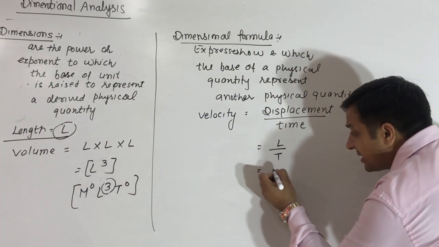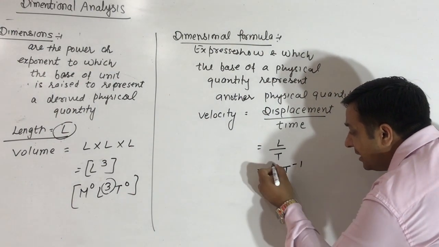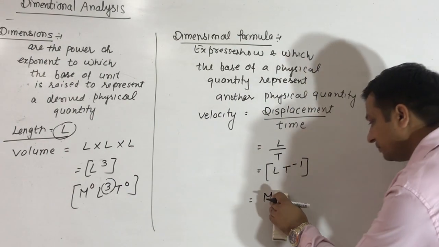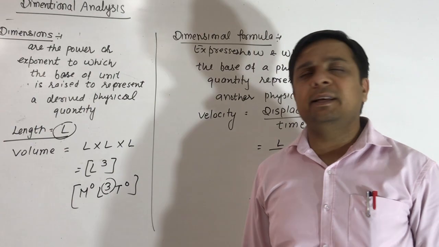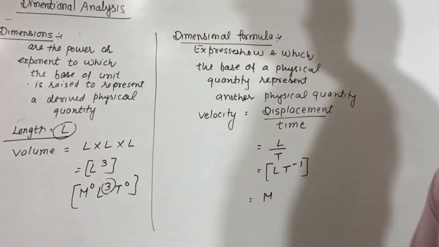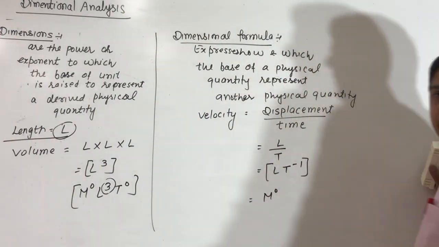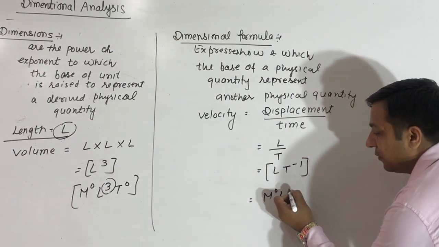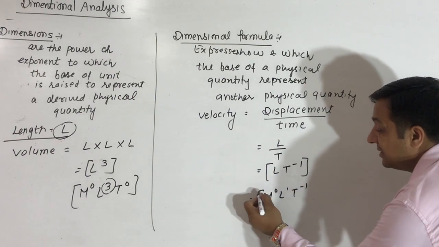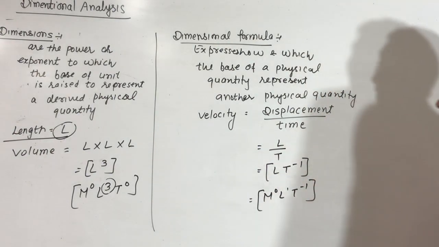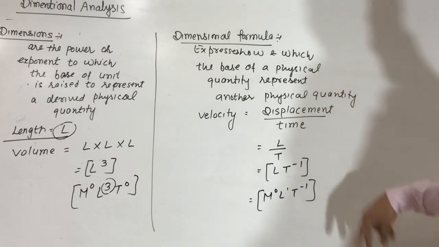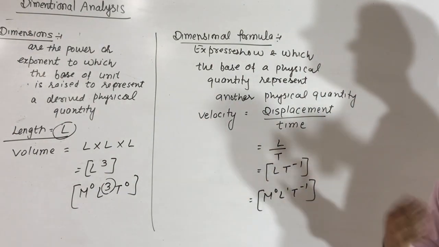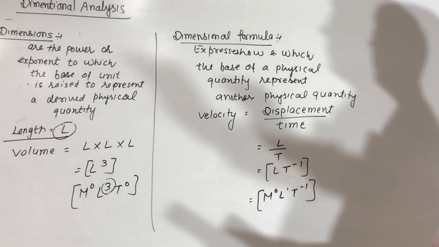So this can be written in the form LT minus 1, or you can say M0, because in 11th class especially we will write in the form of M, L and T. No value of M, so the power of M is written 0, L 1, T minus 1, and this is the dimensional formula of velocity, because this expression shows how and which base of a physical quantity represents a new physical quantity.